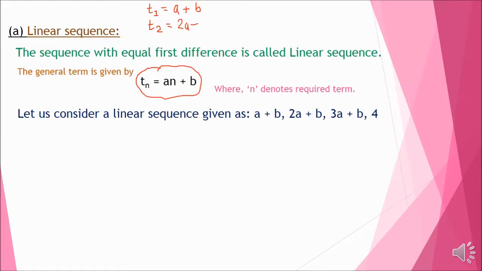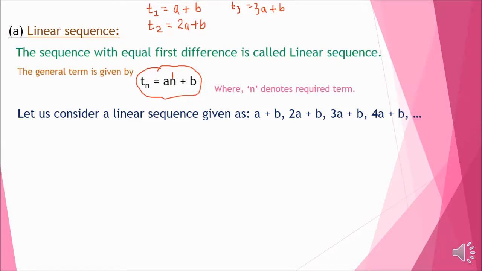And when the value of n is 3, you can easily see 3a plus b. We have to put the value of n right here: 1a, 2a, 3a, and it goes on to 4a plus b.